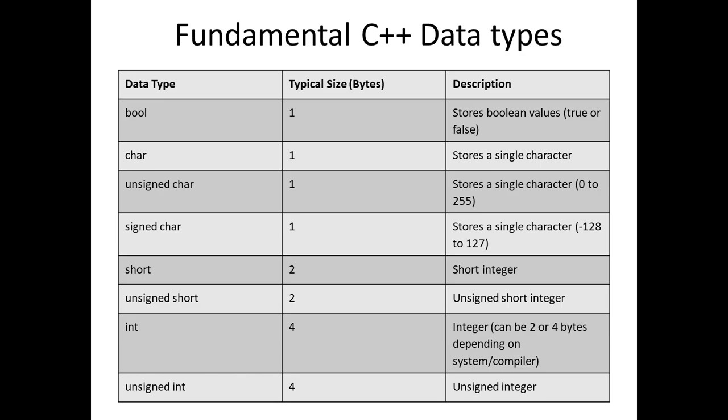So when you say it stores the values 0 to 255, what we are trying to say is that the value that is represented by ASCII code 0 to the value that is represented by ASCII code 255, those are the values that the unsigned char can hold. So if you check your ASCII table, you'll be seeing what these values are.